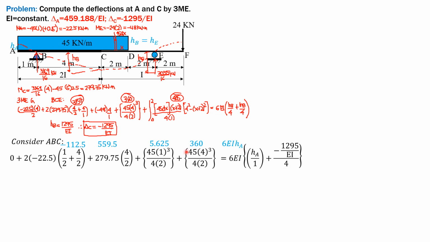So from here, we can solve HA: negative 112.5 plus 559.5 plus 5.625 plus 360 plus 1942.5. Then the answer divided by 6. So HA, which is equal to delta A, is equal to 459.188 over EI. So that's it for this problem. And as I said, I leave delta D and delta F for you to solve by three moment equations.